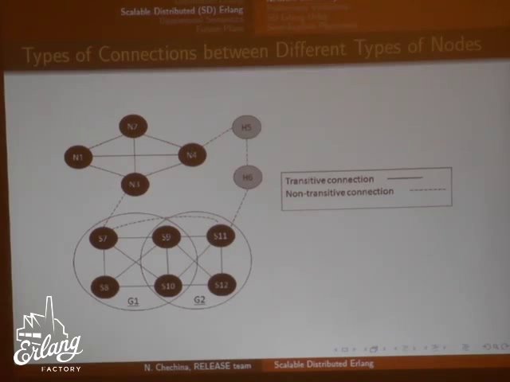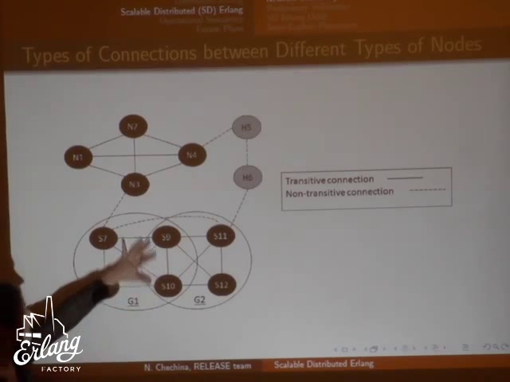And here, a bit more about the types of nodes we have and types of connections. The black nodes are normal nodes. What I mean by normal nodes is that they're not hidden. And the gray nodes are hidden nodes. When hidden nodes connect, they have non-transitive connections. They don't share connections. And here we have S-groups.